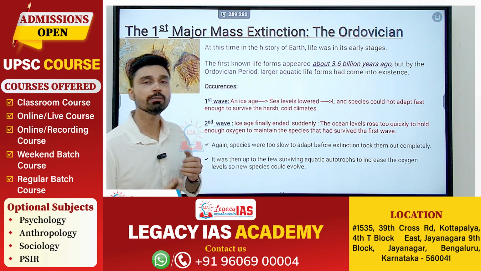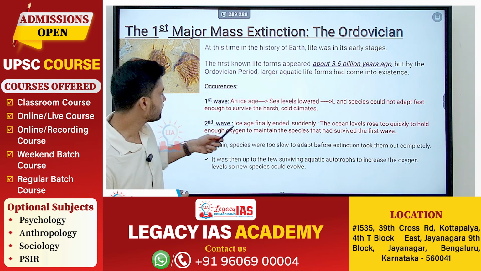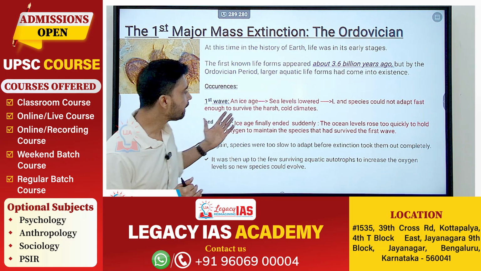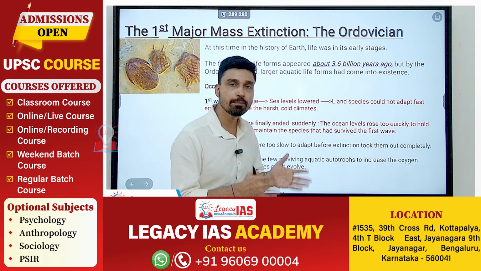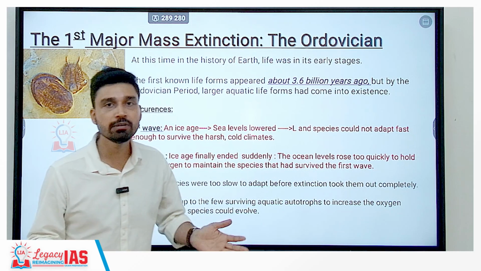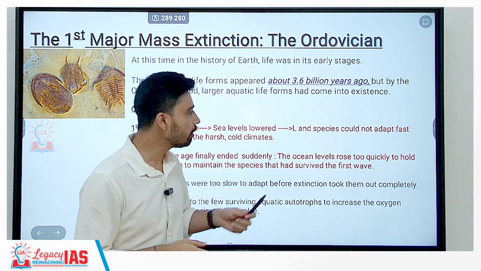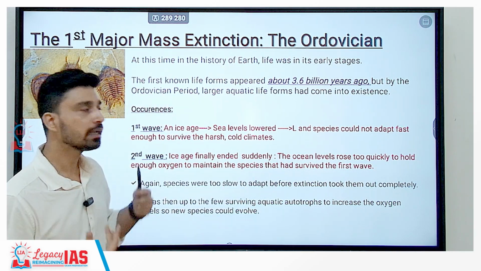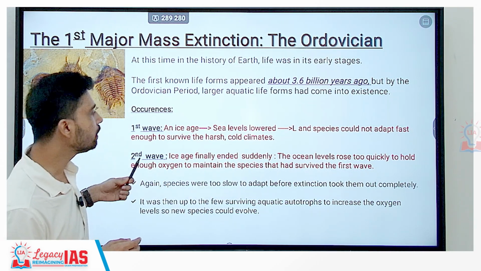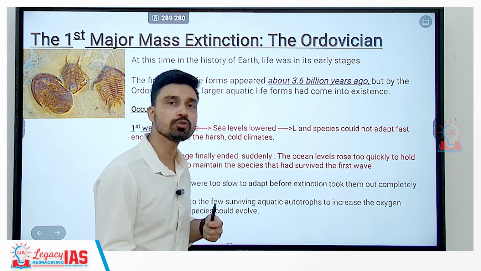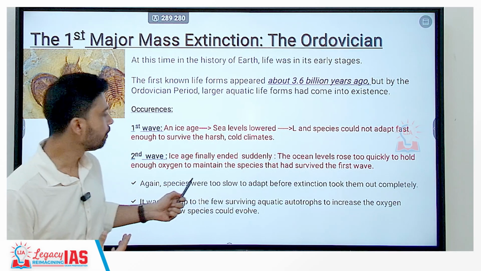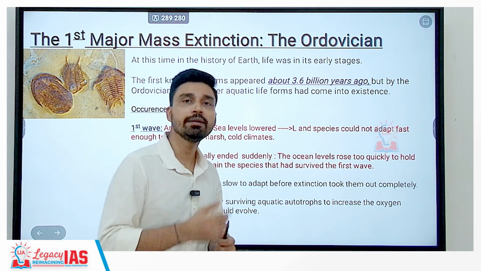And as they were not able to survive in this harsh cold climate, there was a second wave, because the ice age that began suddenly came to an abrupt end, and this abrupt end of the ice age led again to a quick rise of the sea level, a quick rise of the ocean level, and it was so quick that again many of the organisms living on the earth were not able to survive because there was not enough oxygen present to maintain the species that had survived the first wave.